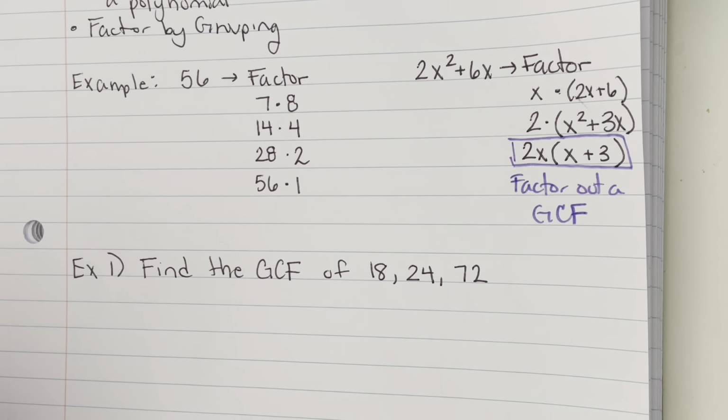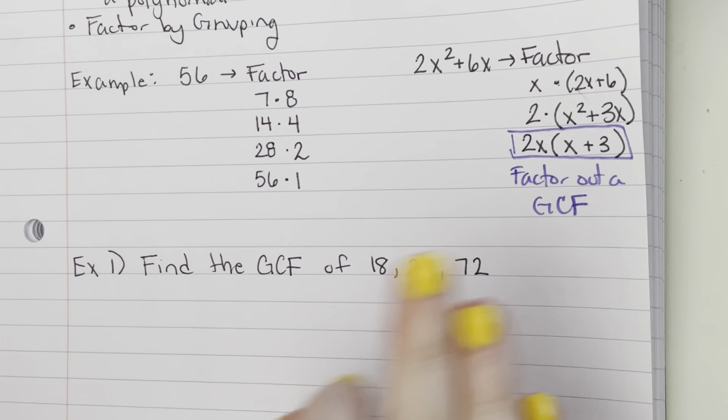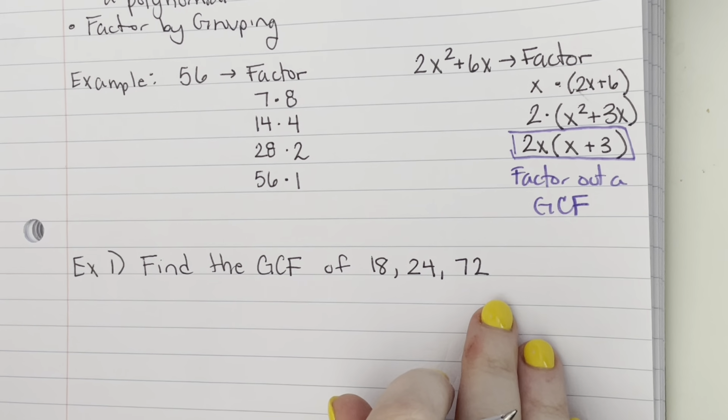So we are looking for numbers that divide evenly into all three of these numbers. Those would be the common factors. Then we want to identify the greatest possible number that divides evenly into all three of these numbers.